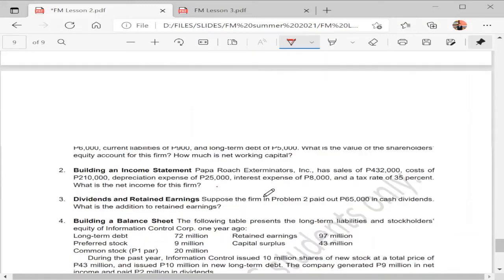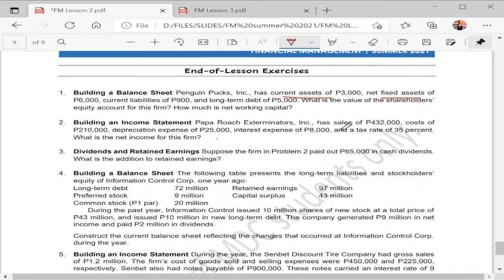You're asked here what is the value of the shareholders' equity account and how much is the net working capital. If we're going to review our lesson in fundamentals of accounting, if you add your liabilities and your equity, that would equal your total assets.